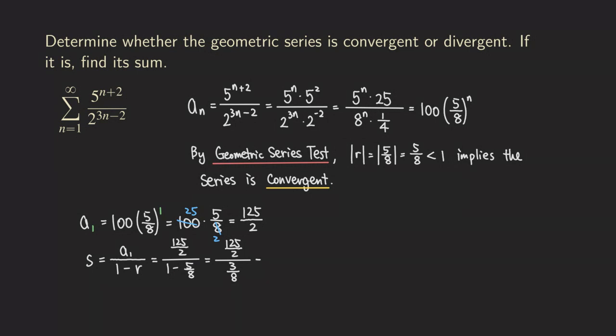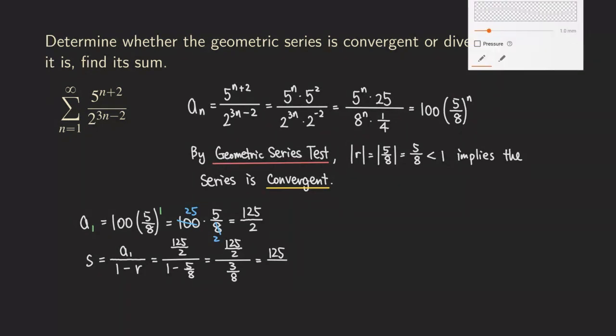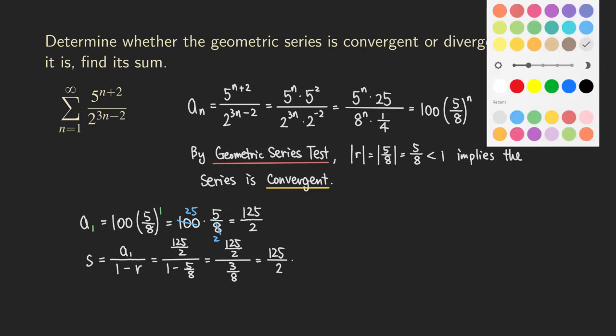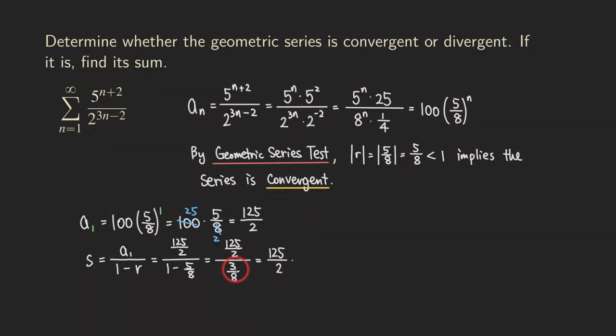Okay, so we can rewrite the division into multiplication. We have 125 divided by 2, and then times the reciprocal of this 3 over 8, which is 8 over 3.